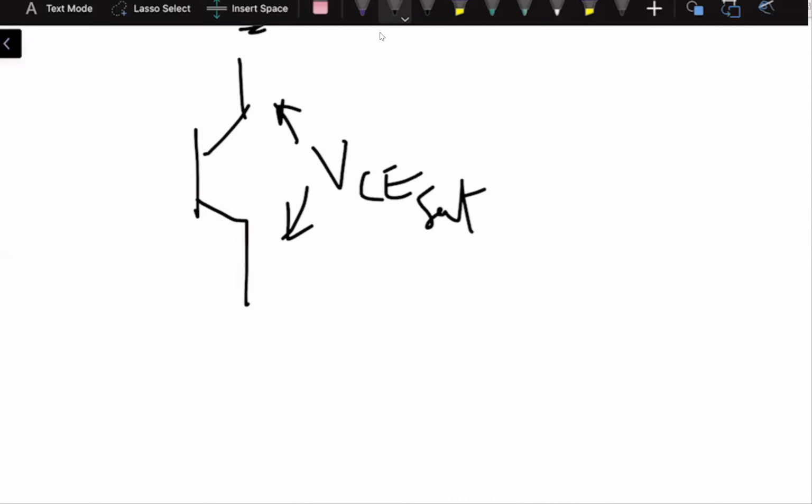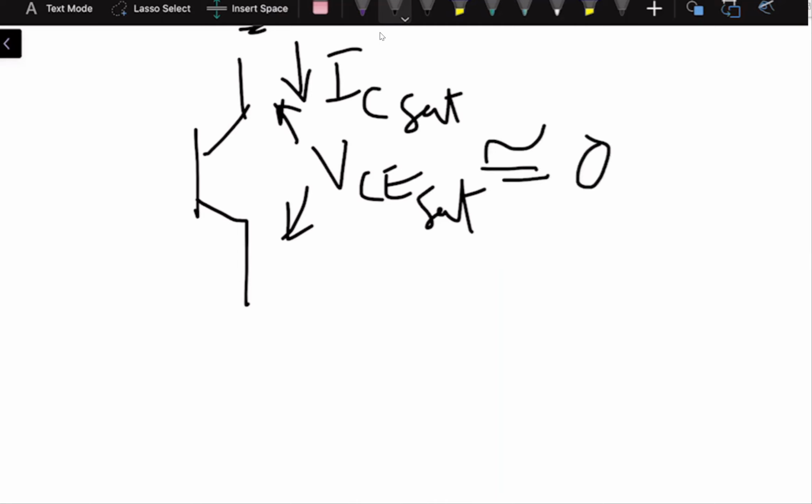Are you with me? Now this VCE sat works such that we have the IC sat flowing over here during the saturation time. And we know when the transistor is in saturation, this VCE sat is very close to 0 from the characteristic curve, right?